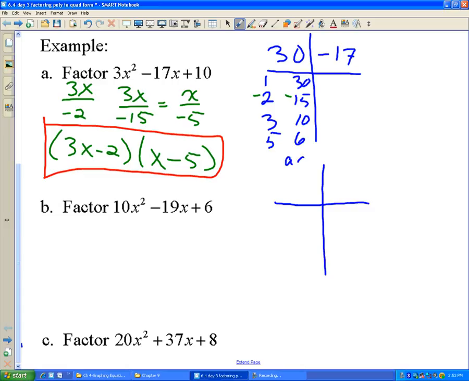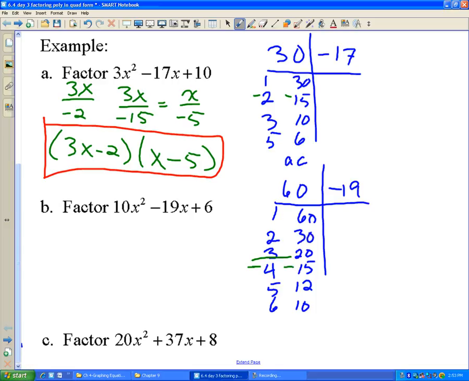A times C goes in the first box. 10 times 6 is 60. What multiplies to be 60 and adds to be negative 19? I have 1 and 60, 2 and 30, 3 and 20, 4 and 15, 5 and 12, 6 and 10, 7, 8, 9 doesn't work, so I get 10. My winner is negative 4 and negative 5.